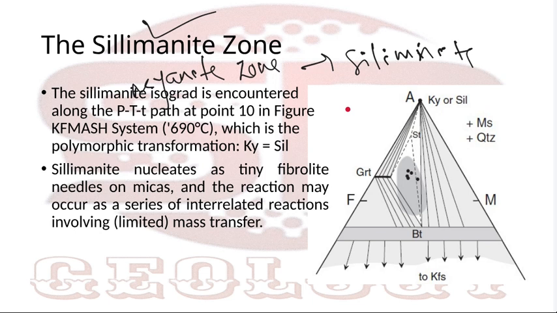There is no reaction here, only the kyanite transformed to sillimanite. This was the medium temperature and pressure classical Barrovian sequence. Everyone got it, or anyone having any doubt?